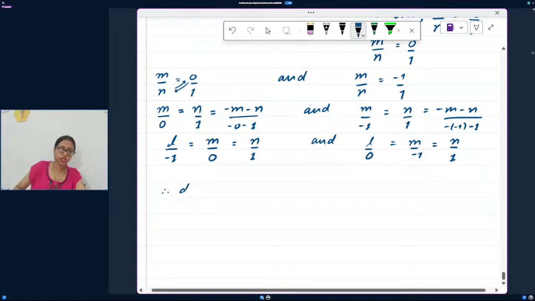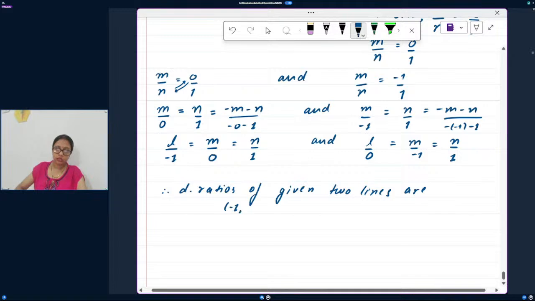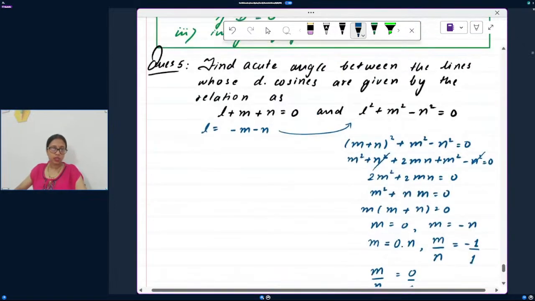Therefore, direction ratios of the given two lines are minus 1, 0, 1, which can be considered as A1, B1, C1, and 0, minus 1, 1, which can be considered as A2, B2, C2. What they are asking?